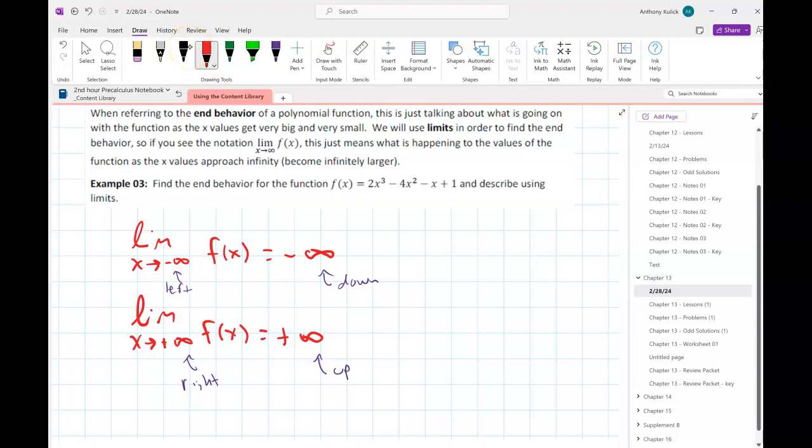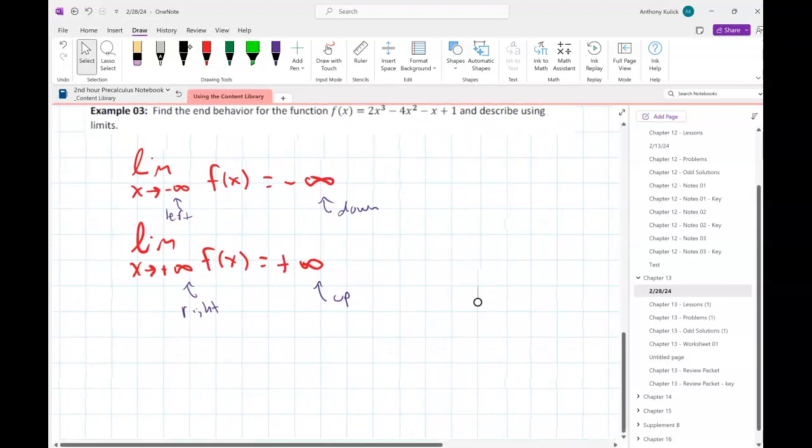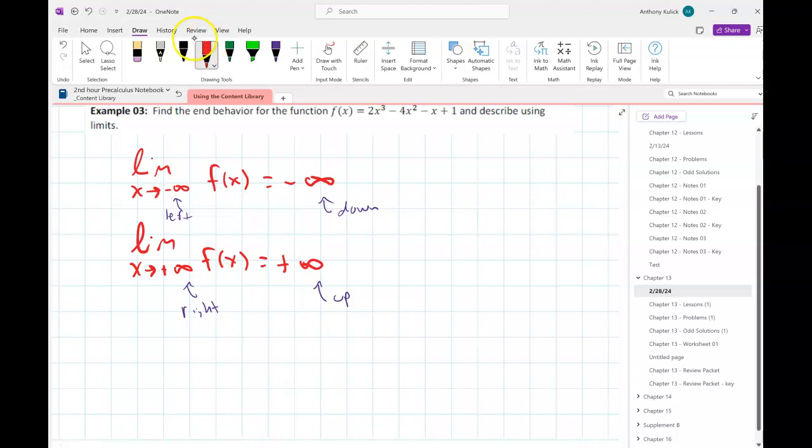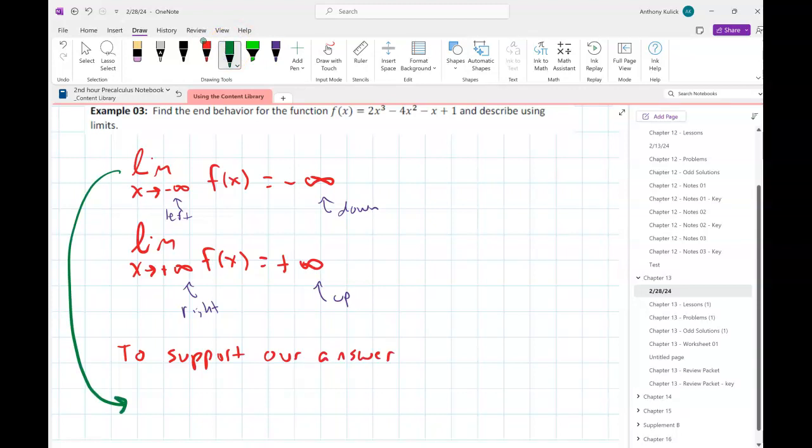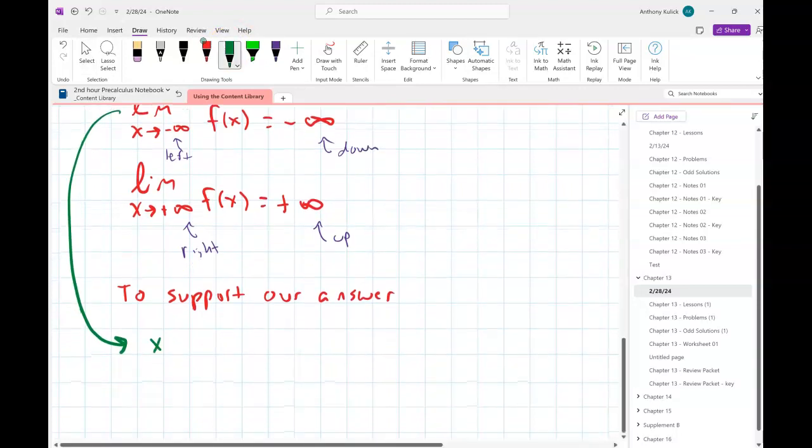Do we feel okay on using our graph to do this? It's just getting used to using the notation. Now, this is our answer, but to support our answer, we might want to create a table. So for this one, I'm going to make an XY table.